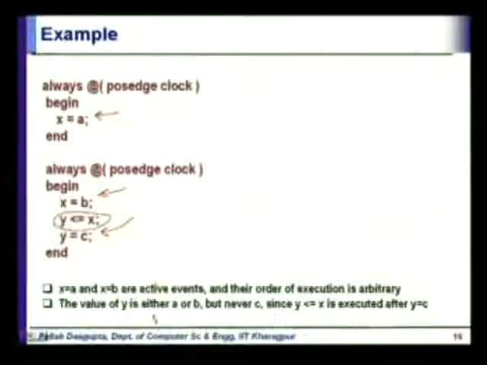This gives you an idea about the scheduling semantics of the simulator, that it first picks up the active events and then goes into the non-blocking assignment processing. Now you might wonder why am I learning all this, right? The good thing is that if you look at most of the commercially available simulators, for example Synopsys VCS, there are a lot of hooks which are given at these points of the simulator.